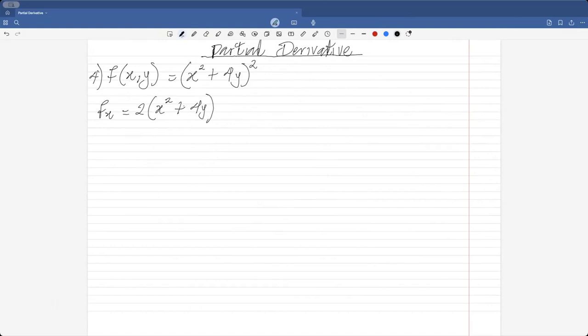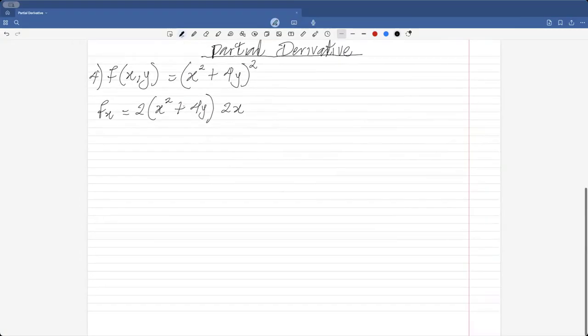But what about the inside function? The inside function is what we have in the parenthesis, which is x squared plus 4y. If we differentiate the inside function with respect to x, then we have 2x.